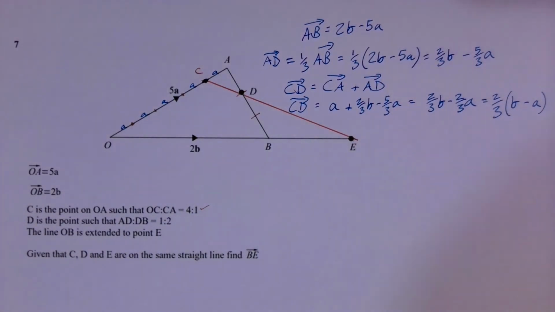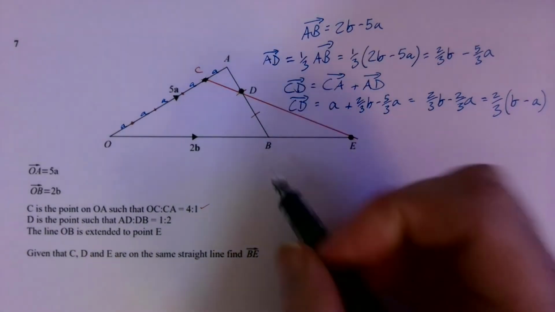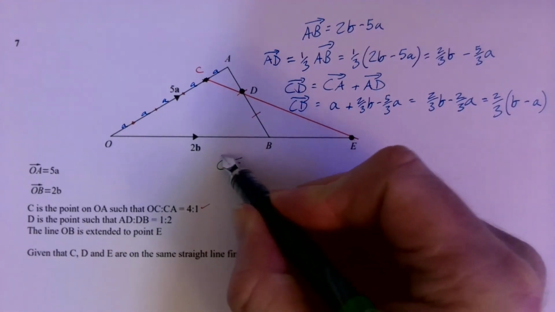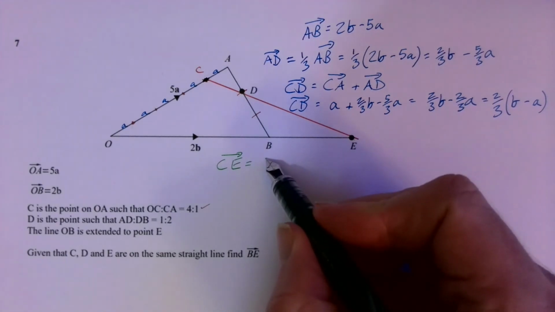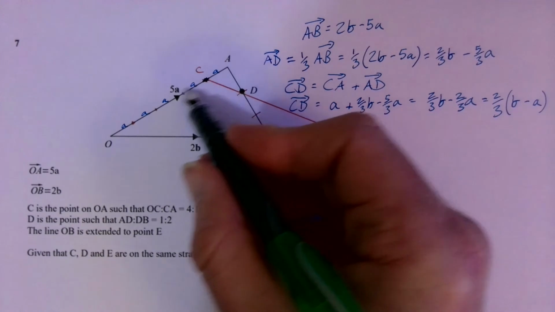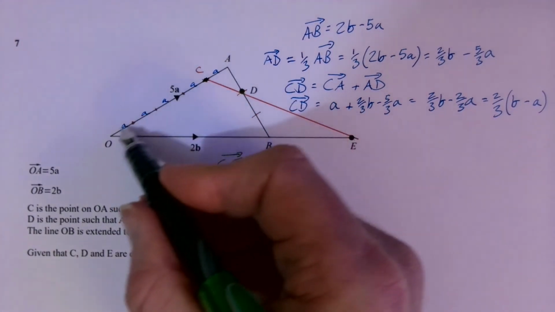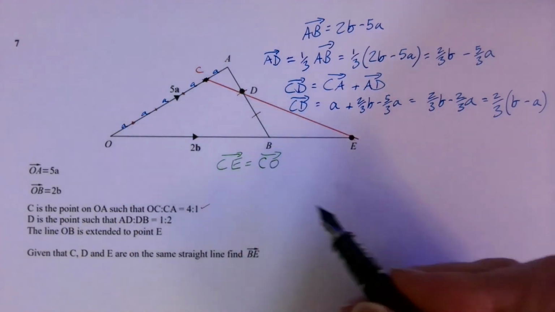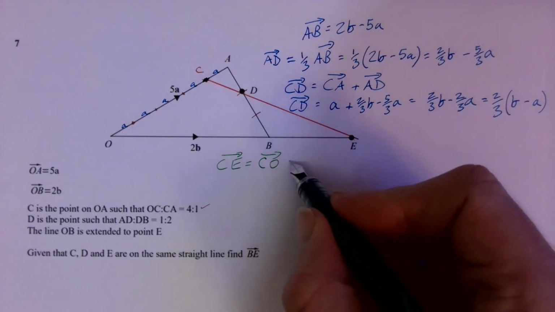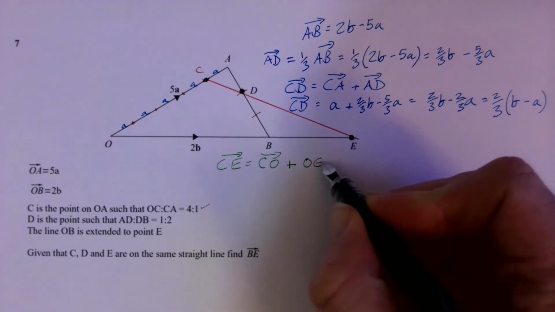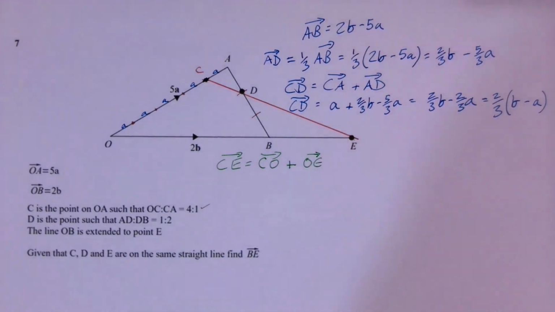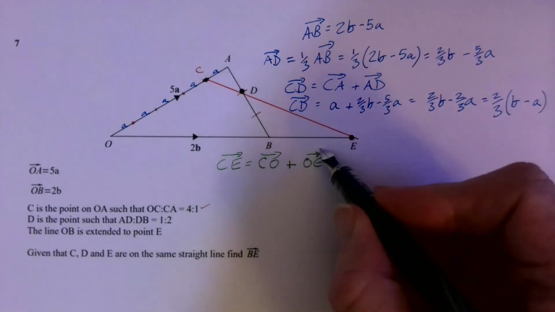Let's go with a new colour so that CE is going to be C to O, because that's easy, isn't it? That's minus 4A, because we're just not having to bother with the A at the top, plus O to E. In fact, we could break that down further.